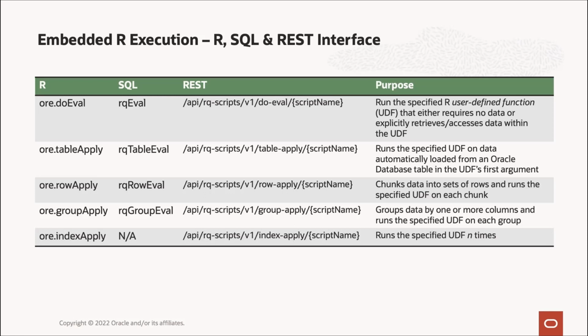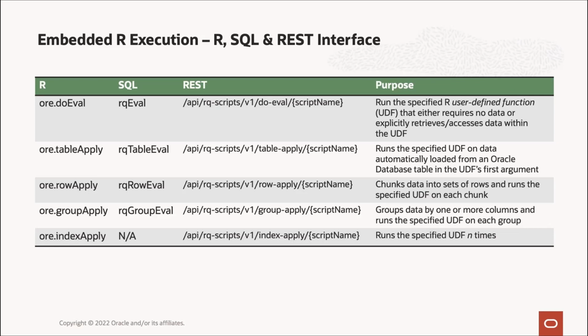The next function, table apply, runs the user-defined function on data loaded from an Oracle database table directly in the UDF's first argument. Next, the row apply function chunks data into sets of rows and runs the specified UDF on each of those specified chunks.